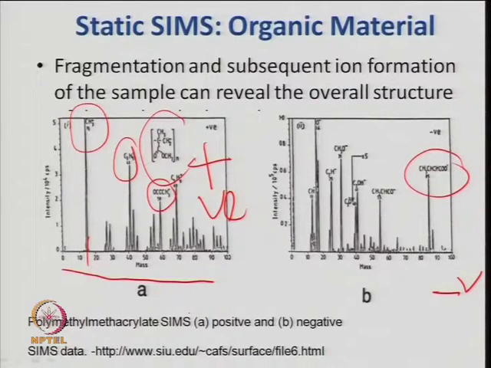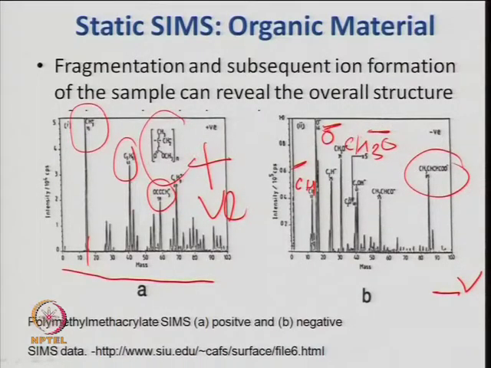So, structure can be determined by understanding these, because at different masses you are getting the composition, which may not be visible right now, but this is O negative here. This is your CH negative, this is your CH3O negative.